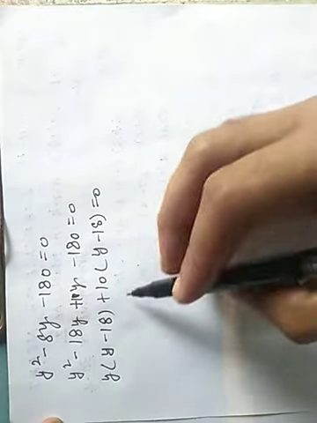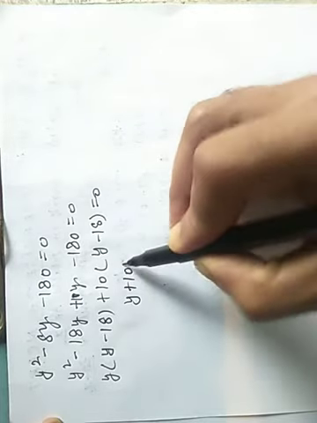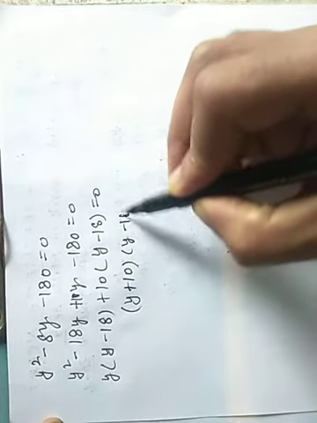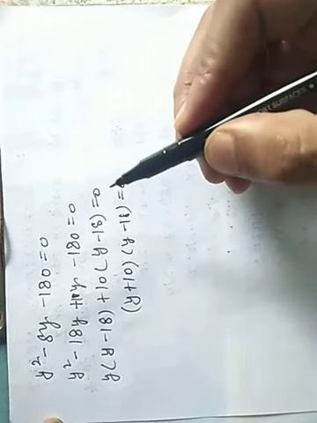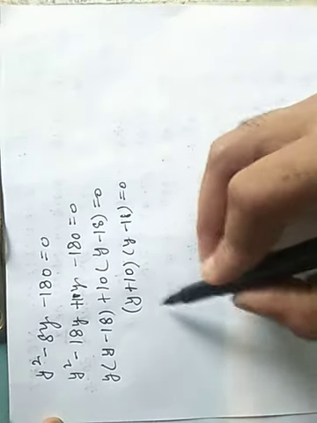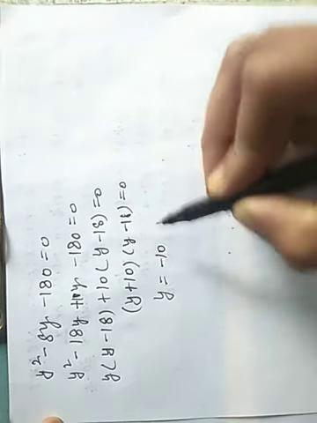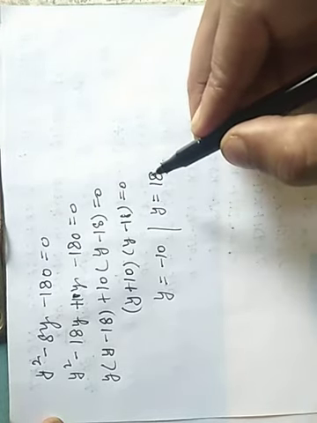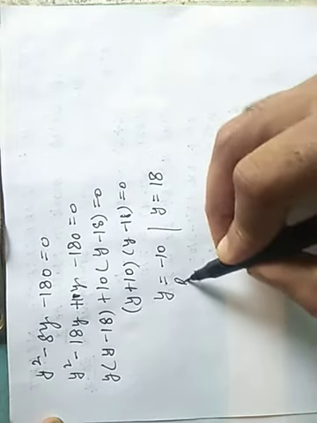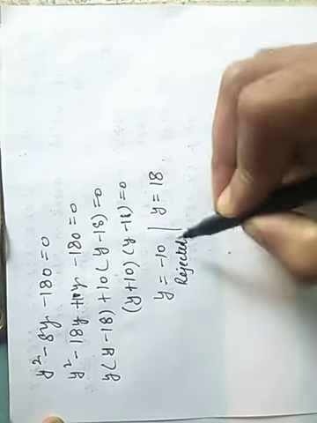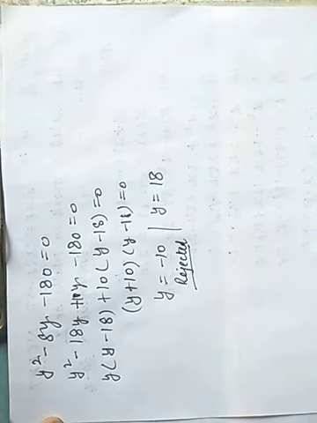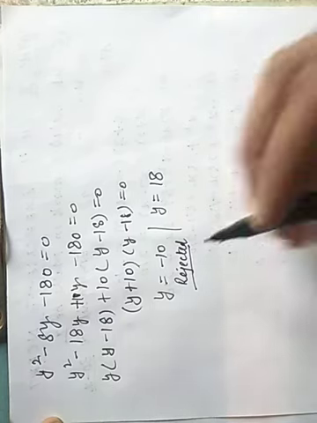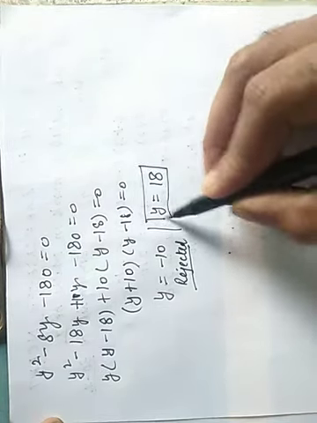And we can further solve it as y plus 10 into y minus 18 is equal to 0. On solving, we will get y is equal to minus 10 and y is equal to plus 18. So we can reject y is equal to minus 10, and we can consider y is equal to 18.